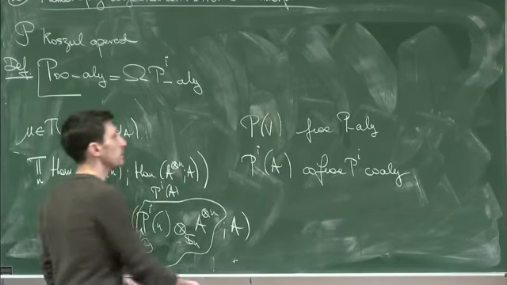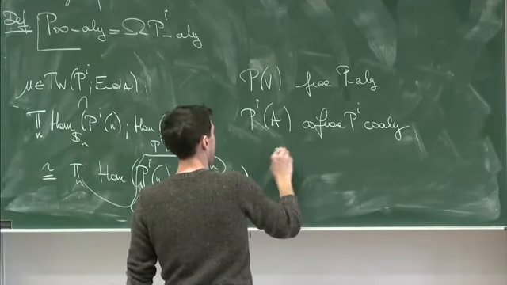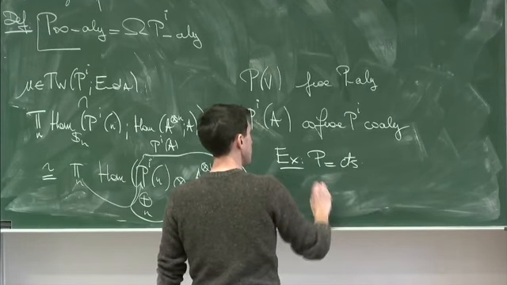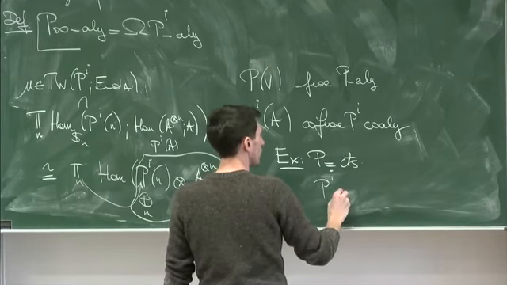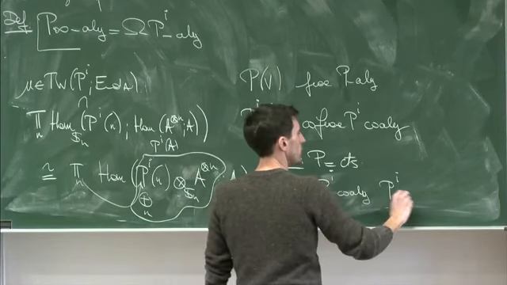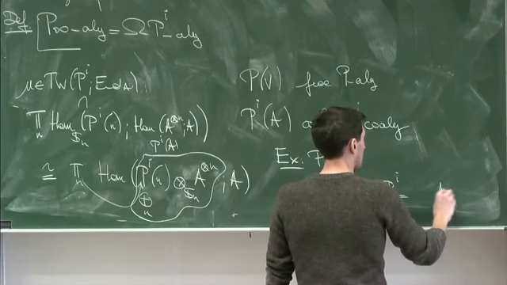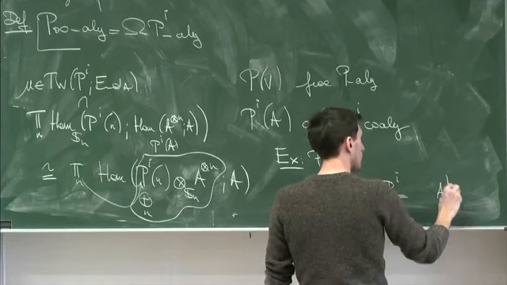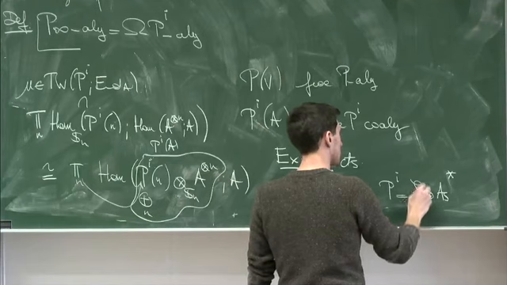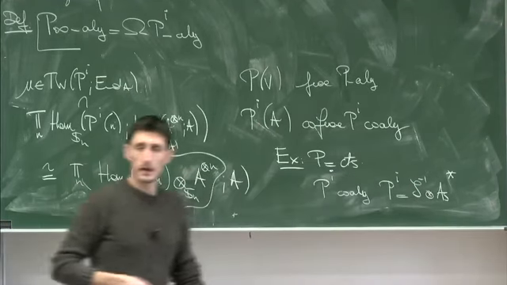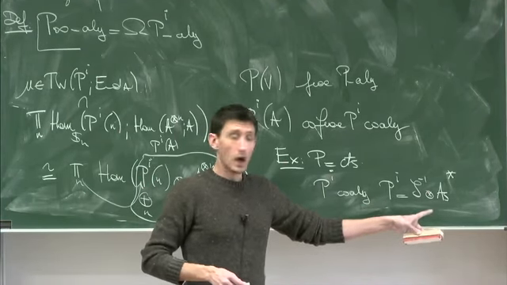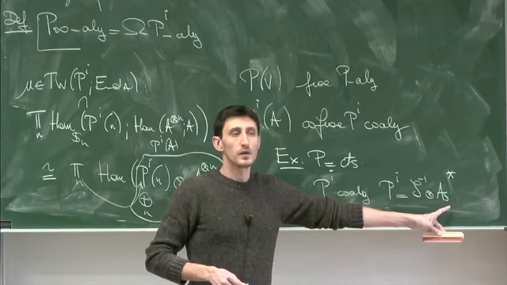If you think of the example of As, for instance, what is a P anti-Schrick coalgebra? Well, P anti-Schrick is As anti-Schrick, which is As, linear dual, tensor by S minus 1. So what is a coalgebra over that? Up to suspension, it's a co-associative coalgebra.